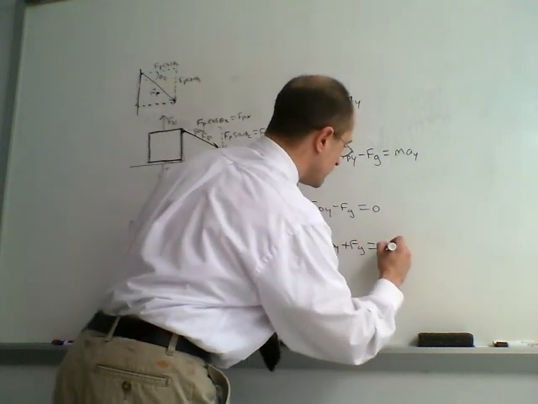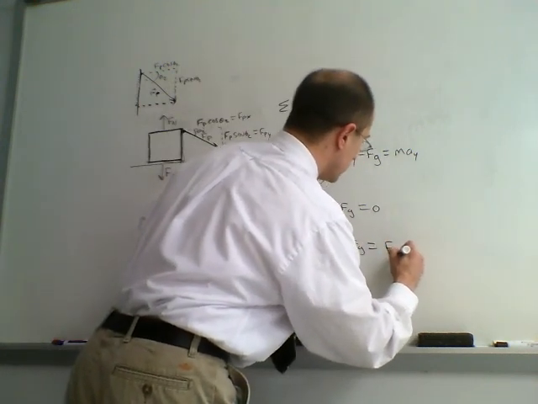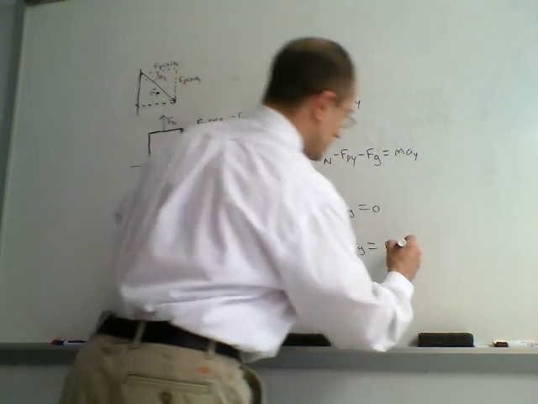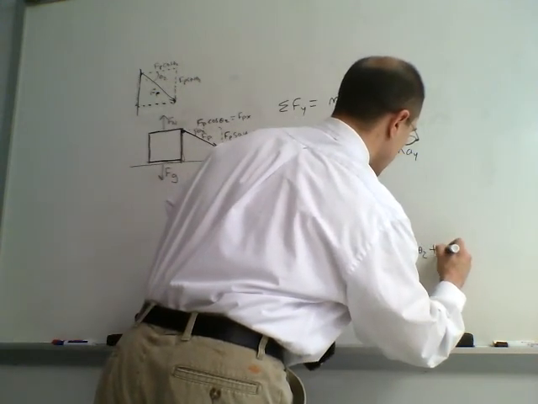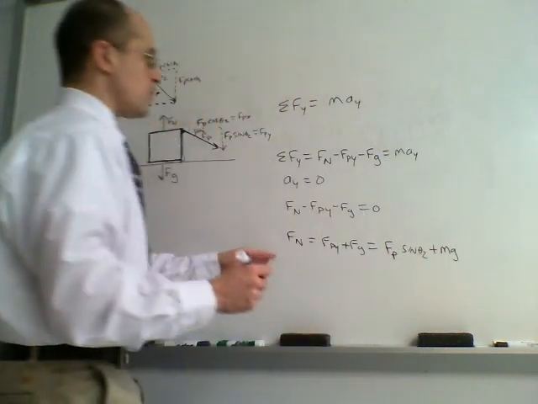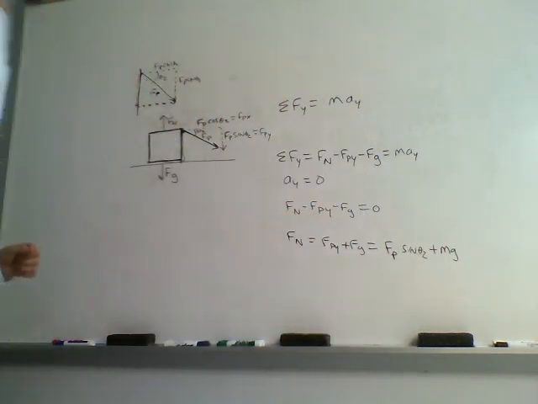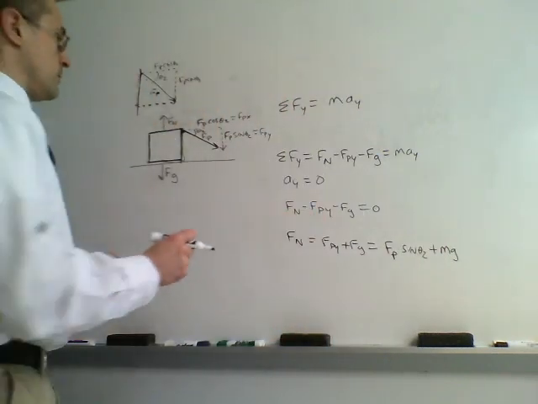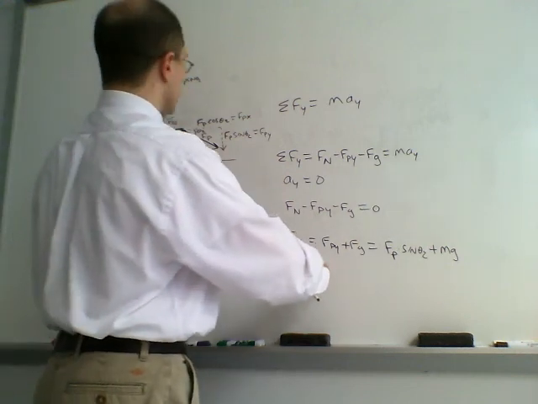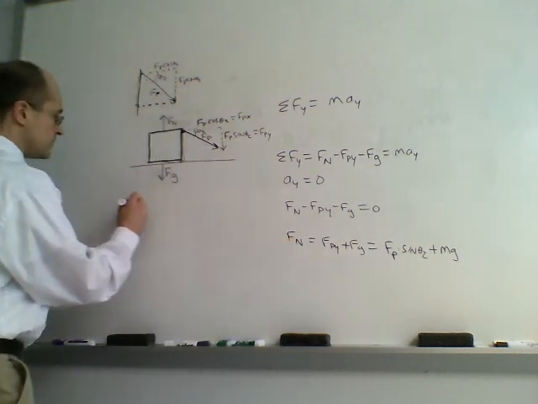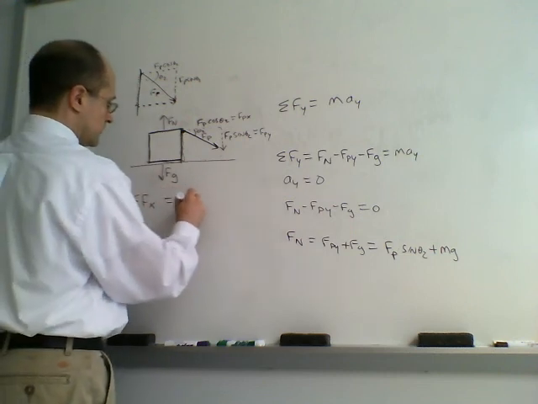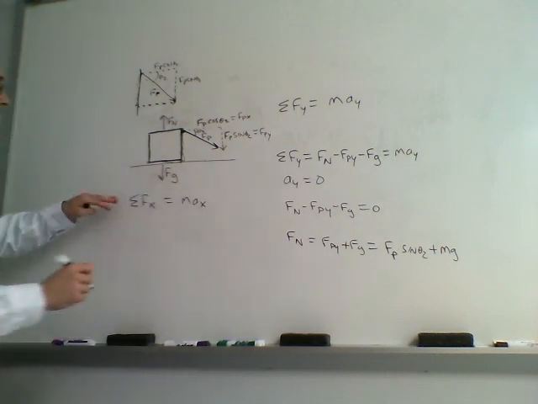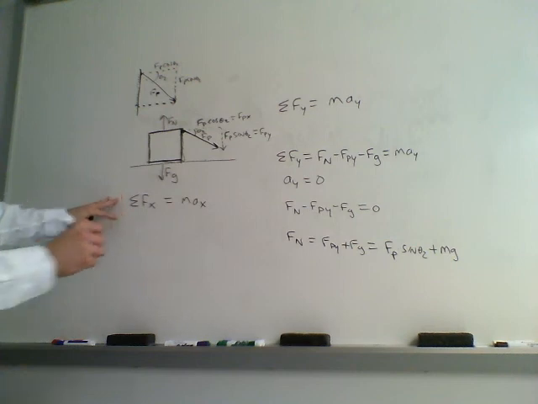So this becomes the force of the pull times the sine of theta 2 plus mg. So you can see that the normal force has to work a little harder because you're pulling down towards the ground. Now when we sum the x, the sum of F_x is equal to ma_x, and we get pretty much our standard result.